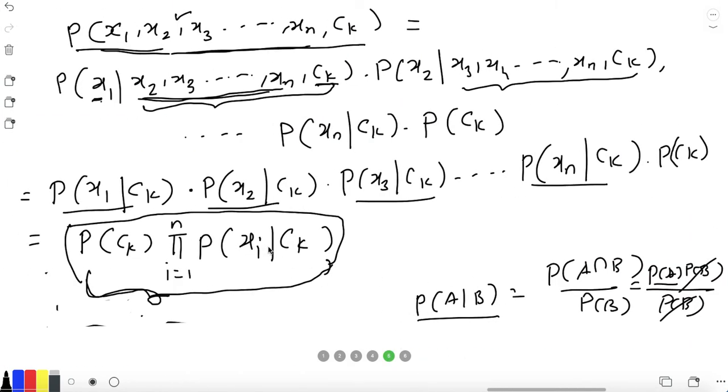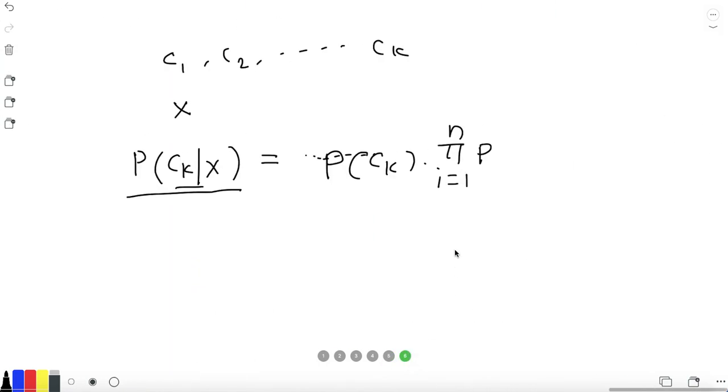Probability of xi given Ck. Ultimately we will try to find this term, and these probabilities will be given to us. Thus the naive Bayes classifier classifies the problem by extensively making use of probabilities. So it's a probabilistic classifier.